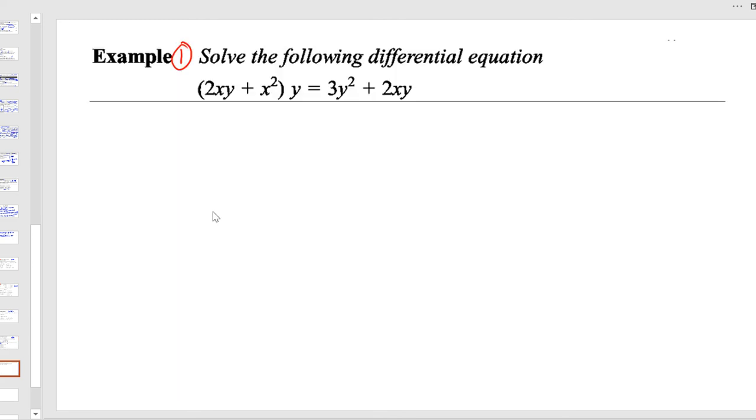So let us take this problem: 3y square plus 2xy over 2xy plus x square into y. In fact, this is dy dx. I have missed it.